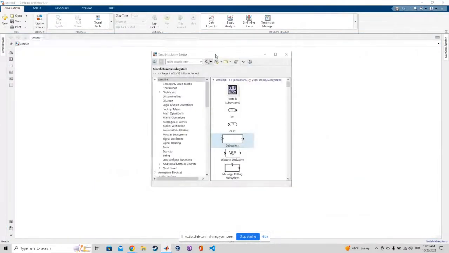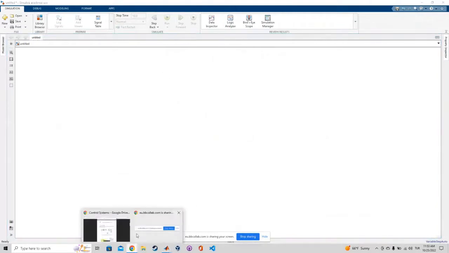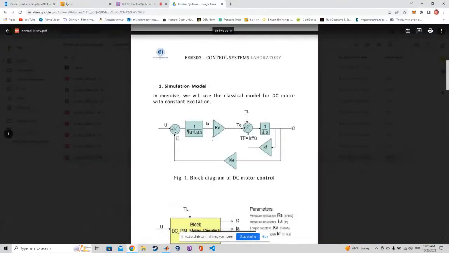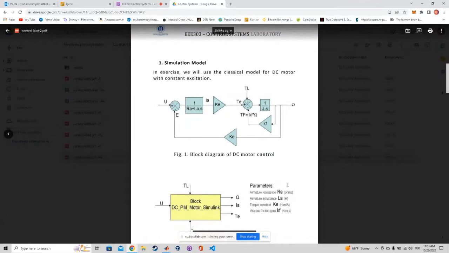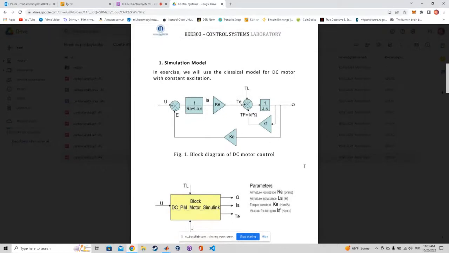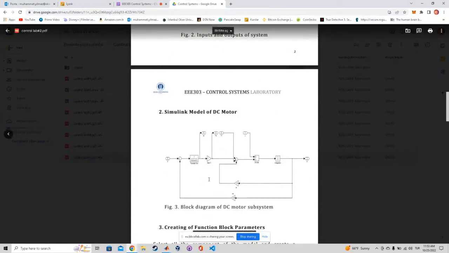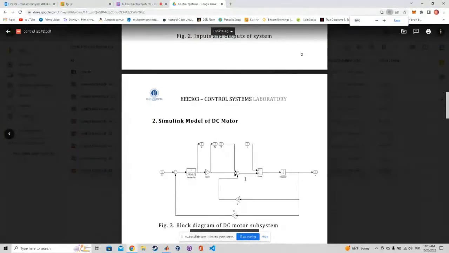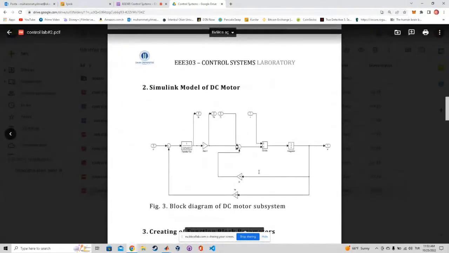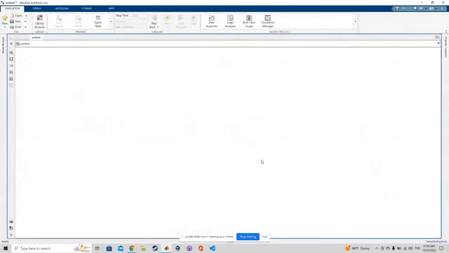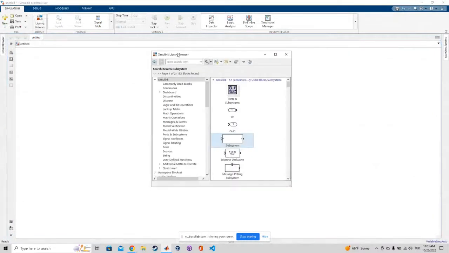So first, let's check out our model here. As you can see, we have armature resistance, armature inductance, torque constants, viscous friction gain, and we're gonna model this in our Simulink model. Here is our block diagram. So let's start. First, we are gonna need inputs and outputs.